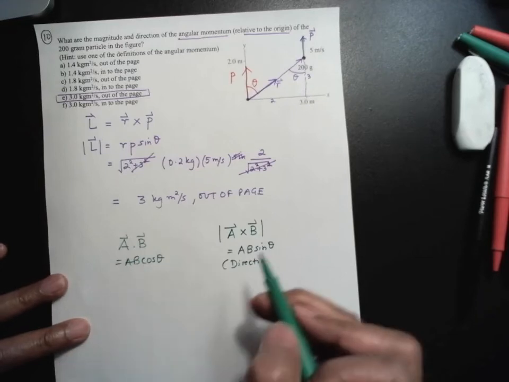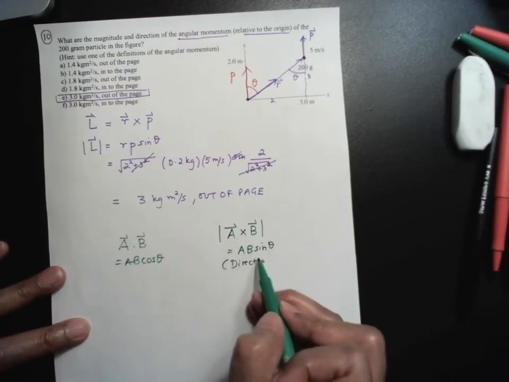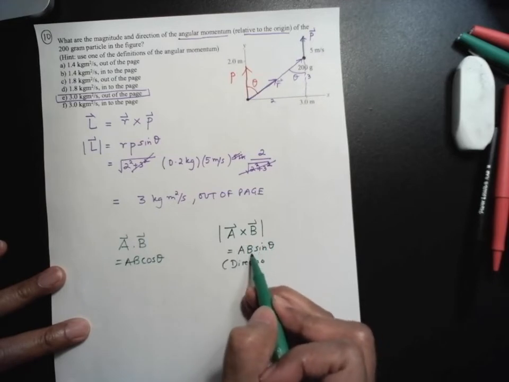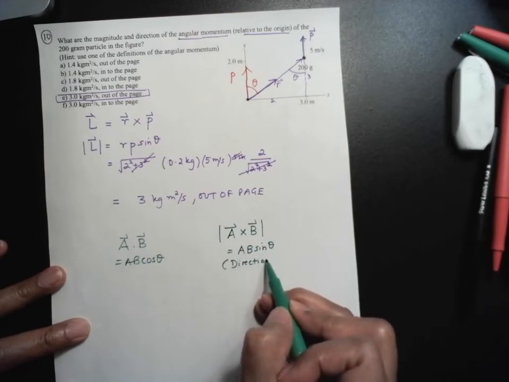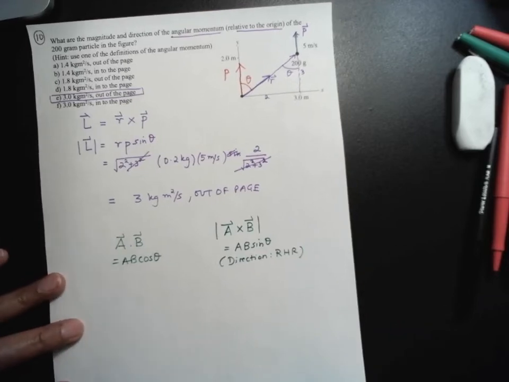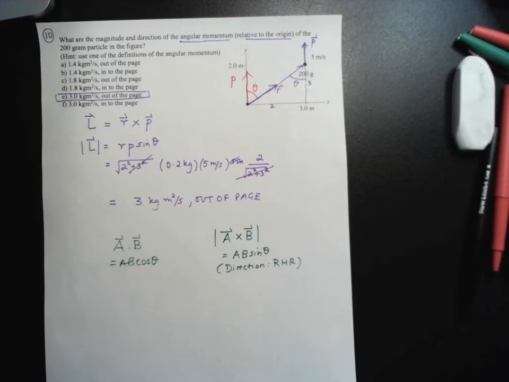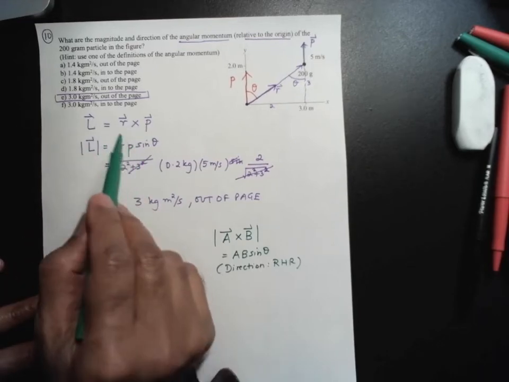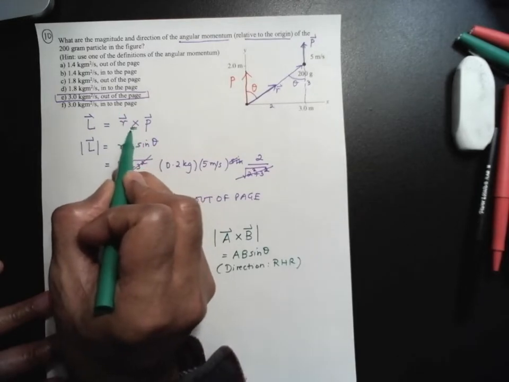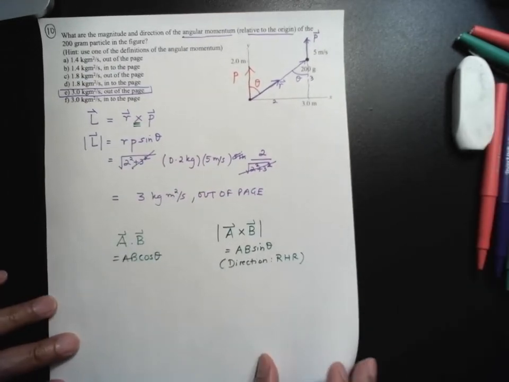The cross product, the vector product, gives you a vector whose magnitude is this guy with the sine function, and the direction is given by the right hand rule. Is that what you were asking? Yeah, thank you. Okay, good. You're welcome. So there were two vectors, and I had to take the cross product, so that's why the sine came in.